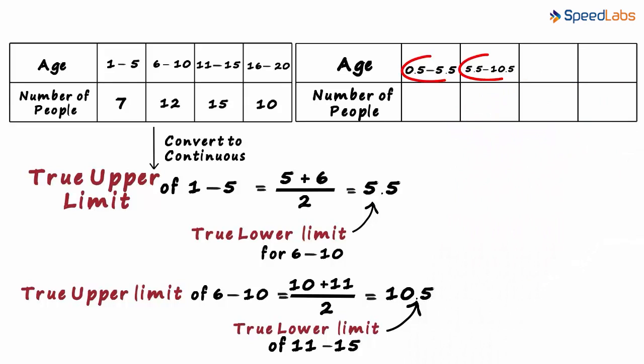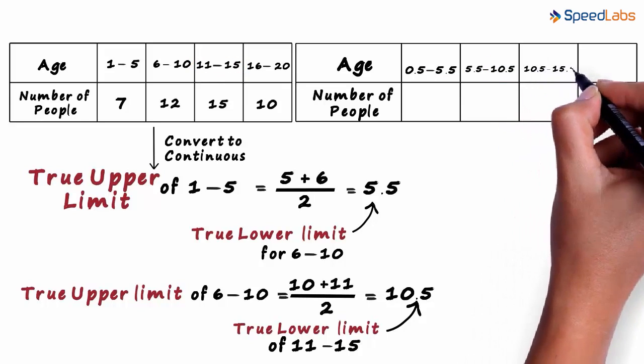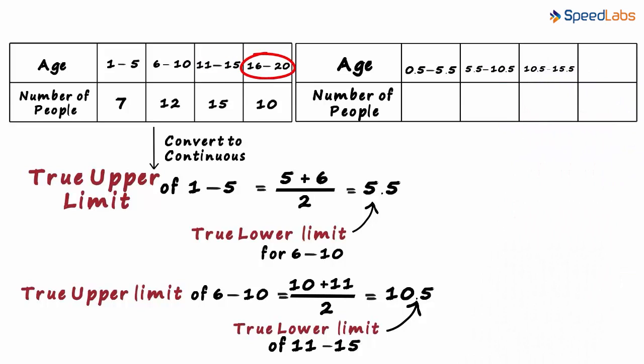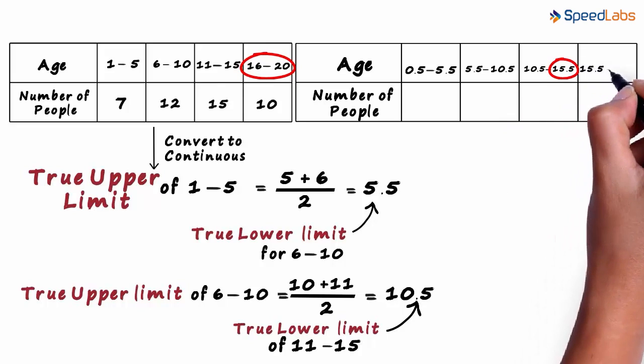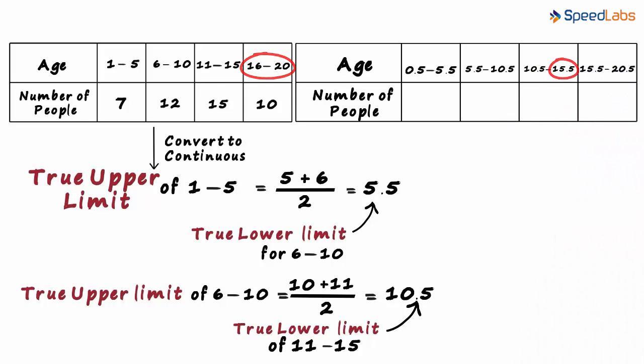So if we look at the first two intervals, we can see that the upper limit of the first interval is the lower limit of the second interval. And since 10.5 is also the true lower limit for the interval 11 to 15, it will be written as 10.5 to 15.5. And the last interval is written as 15.5 to 20.5.